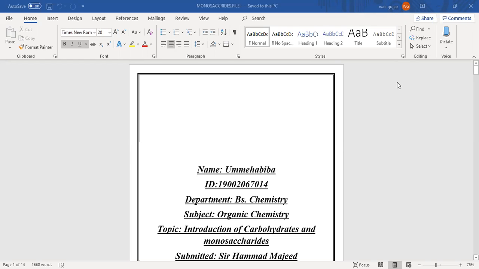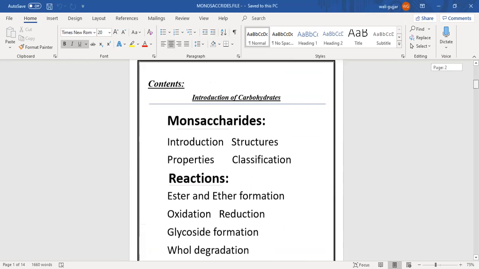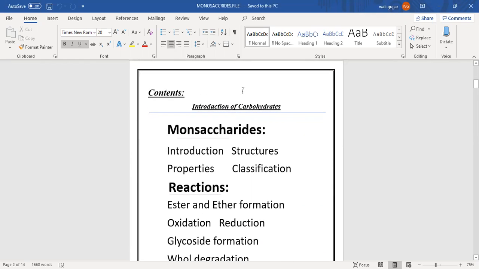I'm from the Chemistry Department. Today, the topic of my presentation is Introduction of Carbohydrates and Monosaccharides, which is one of the main topics of organic chemistry. First of all, we see the contents, which include introduction of carbohydrates, monosaccharides, which is one of the main classes of carbohydrates, introduction of monosaccharides, their structures, properties, then classification.